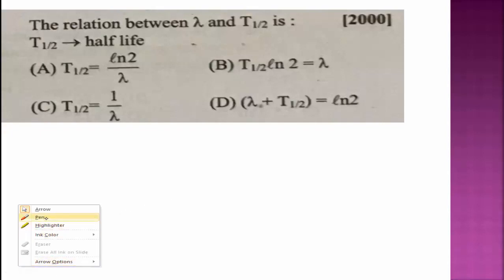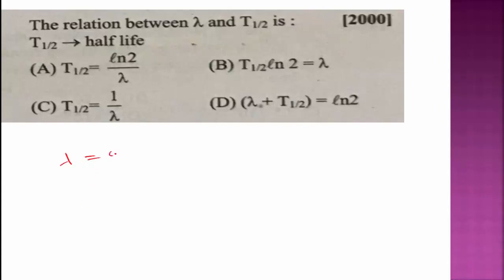And the next question is the relation between lambda and T half, mean life and half life. Here T half is a half life. We know the decay constant, that is 0.693 divided by T half. This is the relation between decay constant and half life.